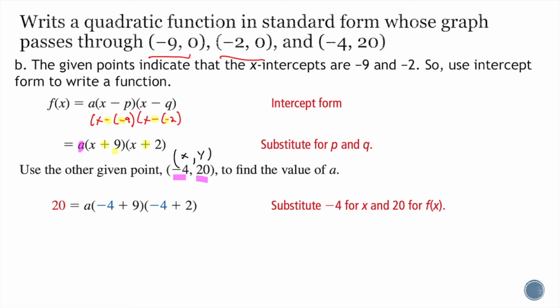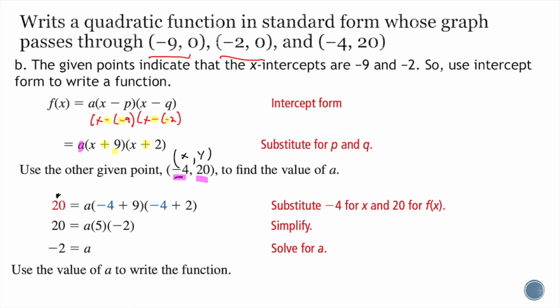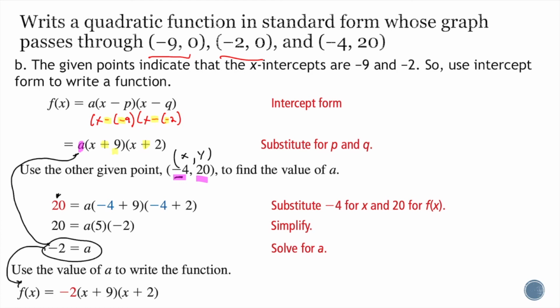For each value of x, I substituted a -4, and y, or f of x, is equal to 20. Simplifying, I get a is equal to -2. And now I need to substitute this value into my equation as so. That's how I got this.